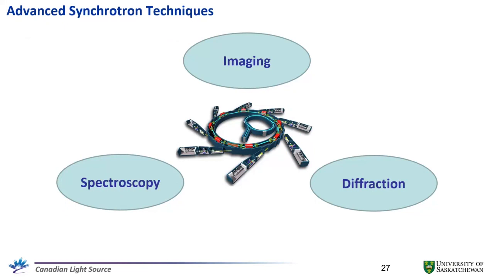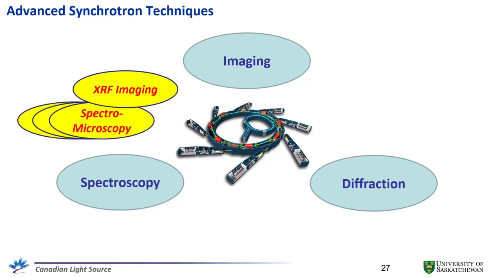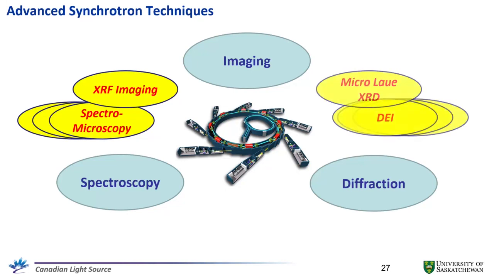So I talked about imaging and spectroscopy, and you will definitely hear a lot about diffraction. So these are the three main categories. But in between these three main categories, we have many other techniques, which are even more advanced, more complicated, but tell you a lot more information.